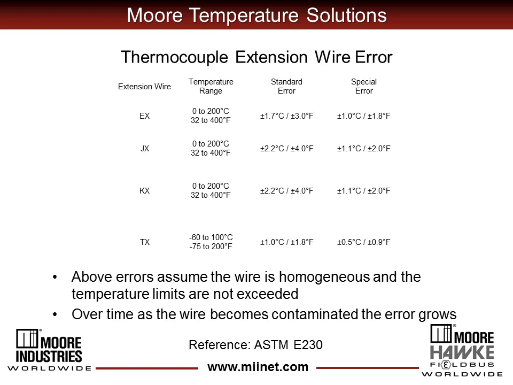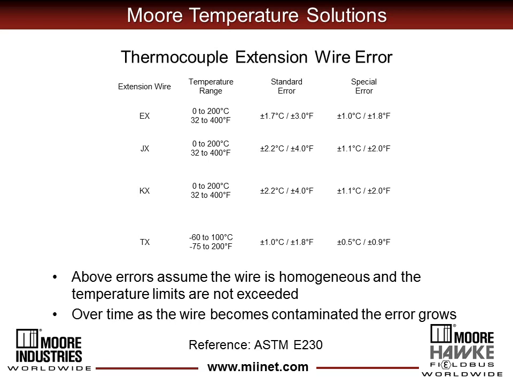The standard grade J or K extension wire adds another plus or minus 4 degrees Fahrenheit of uncertainty. You can buy premium grade extension wire that has half the error, just like the premium grade thermocouples. But still, it's plus or minus 2 degrees Fahrenheit.